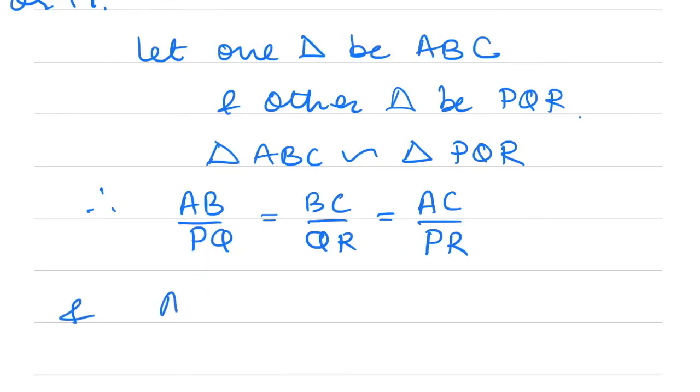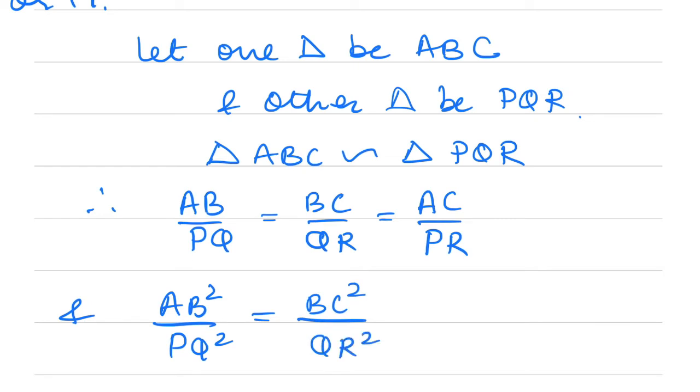And we can also write down AB square by PQ square is equal to BC square by QR square is equal to AC square by PR square.